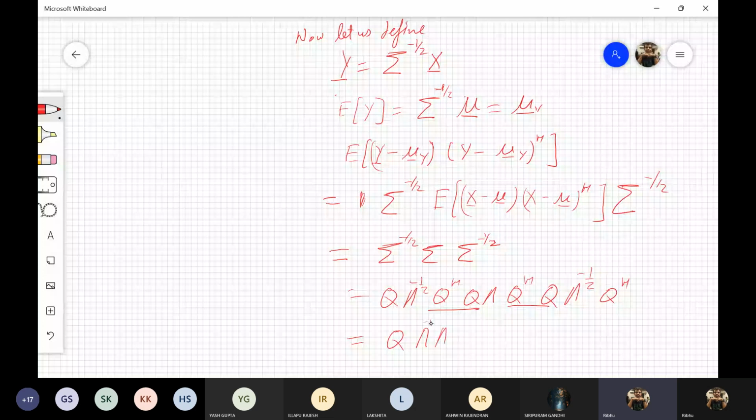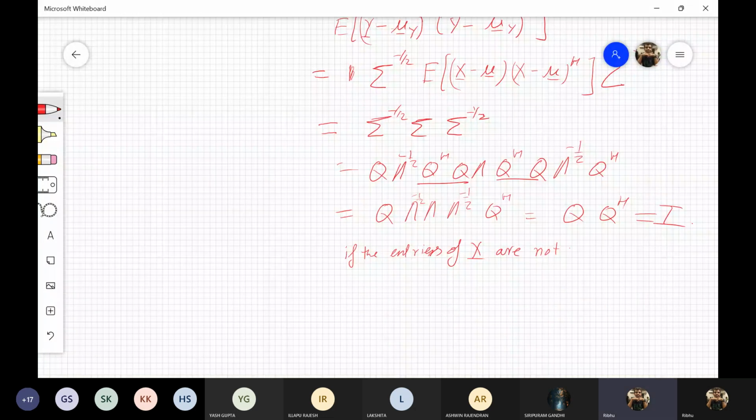So if entries of x are not IID, we can use this operation to generate an IID random vector.